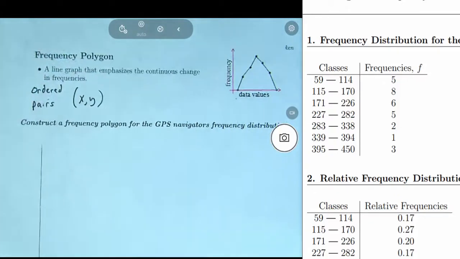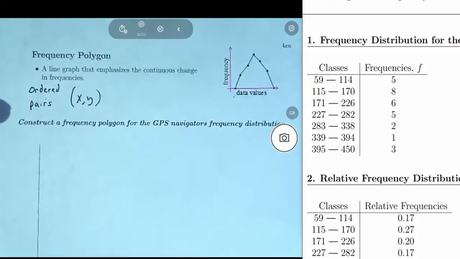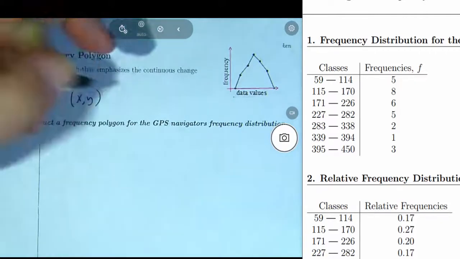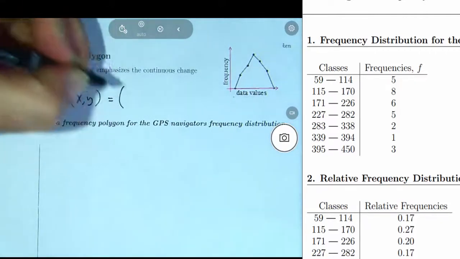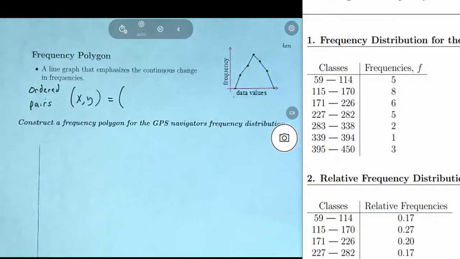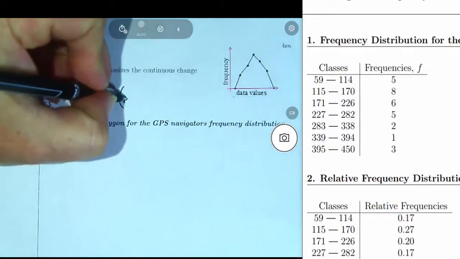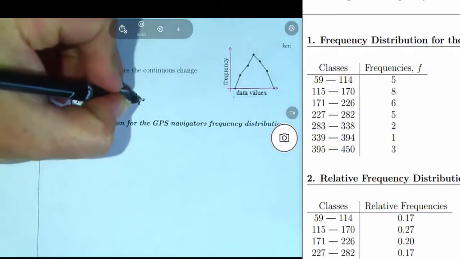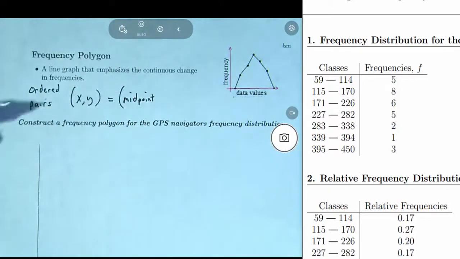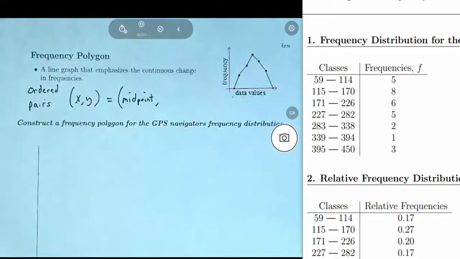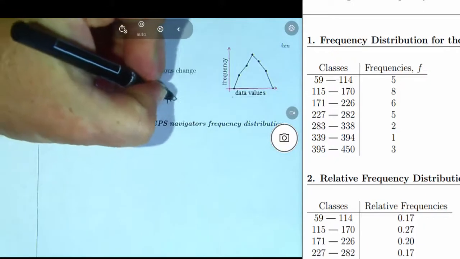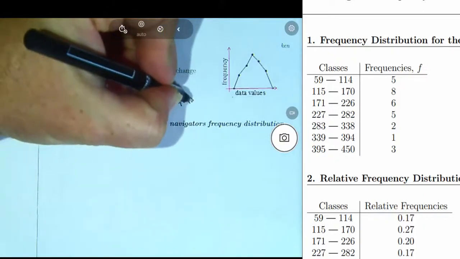As soon as you've got your points graphed, then you just connect the points with line segments. So keep in mind the points on your graph will be the midpoint of each class for the x-coordinate and the frequency of the class for the y-coordinate.